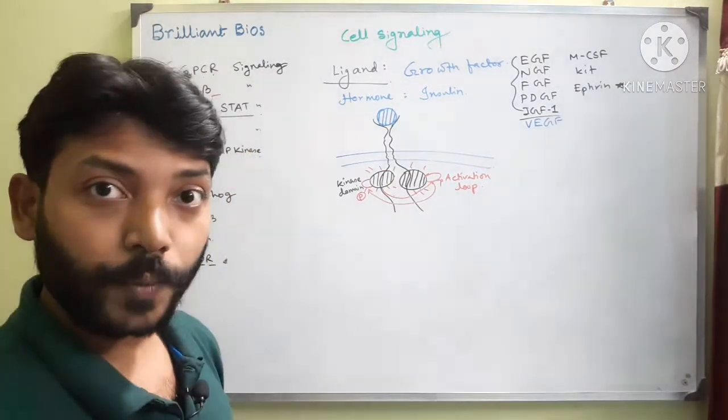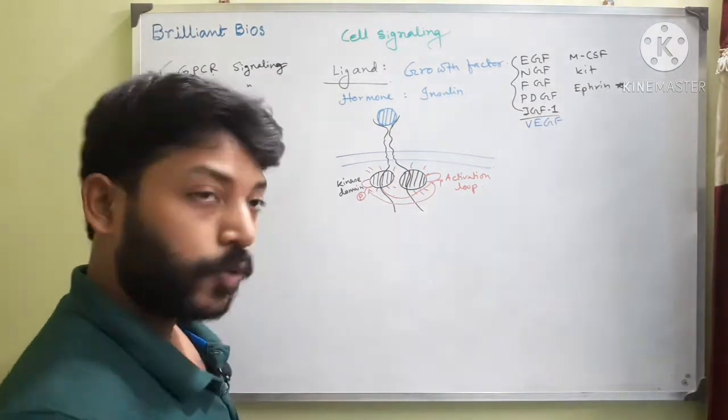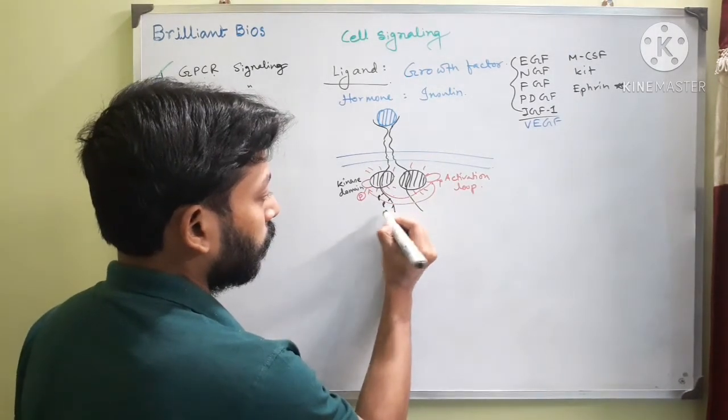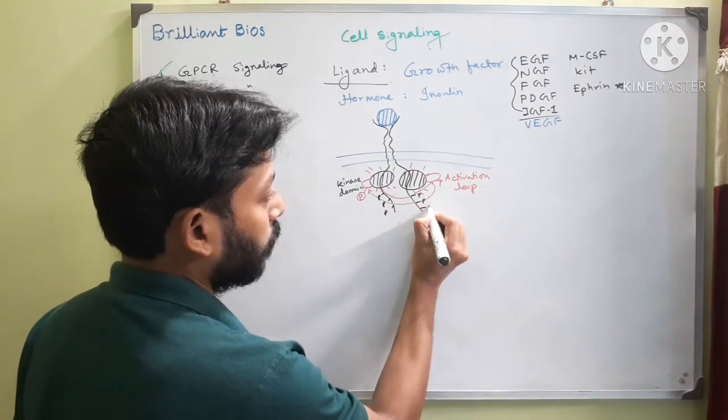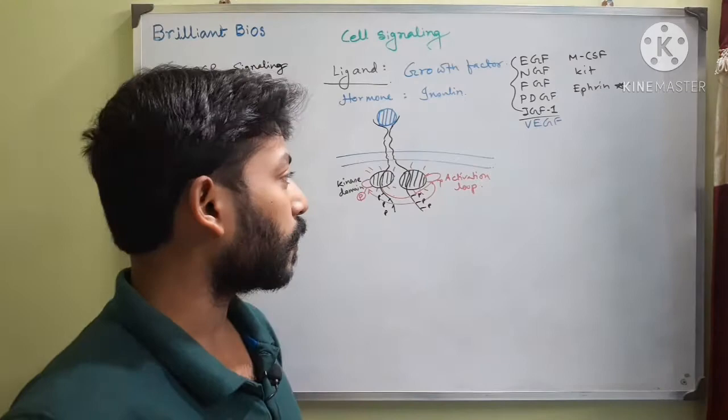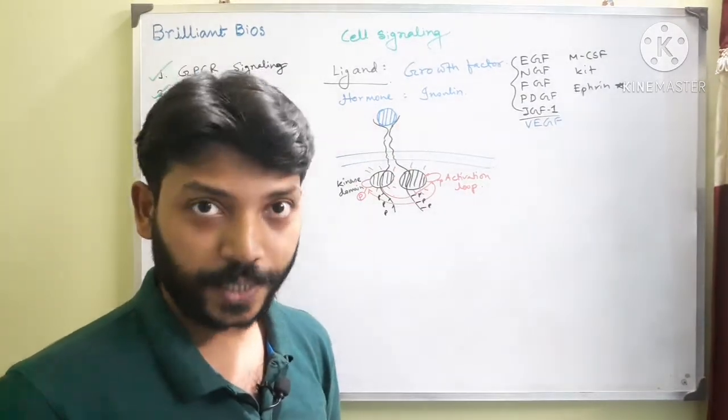When the kinase domain gets activated, they phosphorylate the C domain of the receptor.